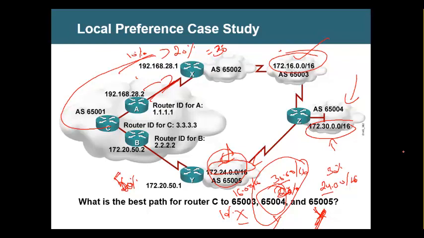So this is an example case study for policy-based routing. From where you got that 30, 20, 10%, that is because someone is auditing and monitoring the traffic.